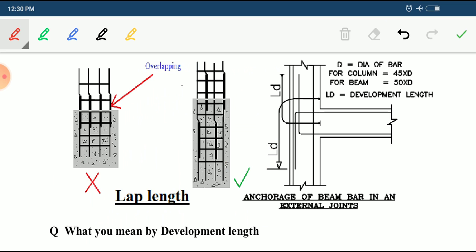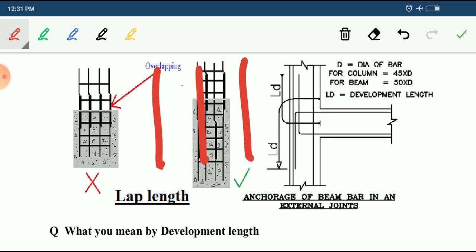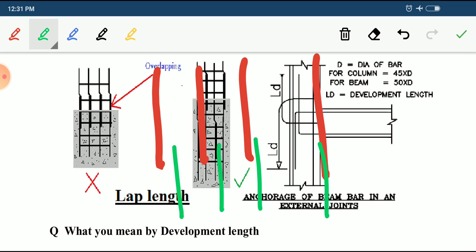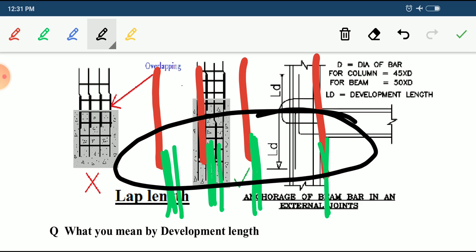Say this is the column and these are the bars. If I do the lapping like that, what happens? Your lapping is done at the same point, which means you are creating a weak zone. If all the joint lapping is done at the same point, you are creating a weak zone in the structure.